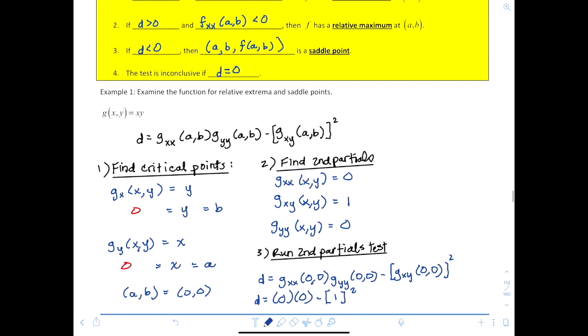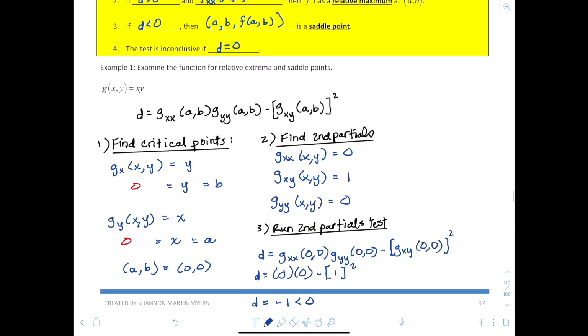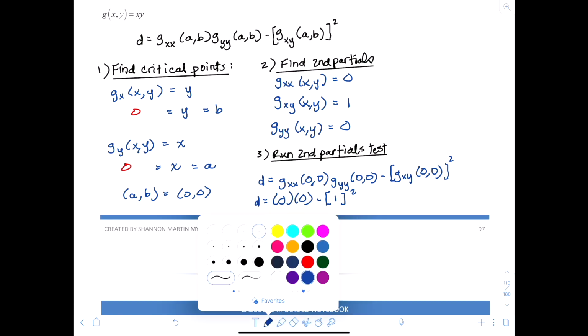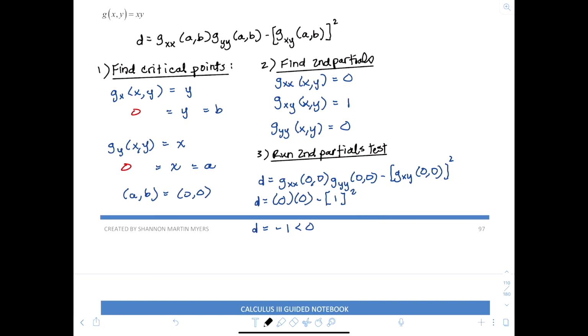So remember, if d is less than 0, then at the ordered triple, a, b, f at a and b, that's going to be a saddle point, right? So what is g at 0, 0 going to be? Good. It'll be 0, right? So we'll just call this one our conclusion.